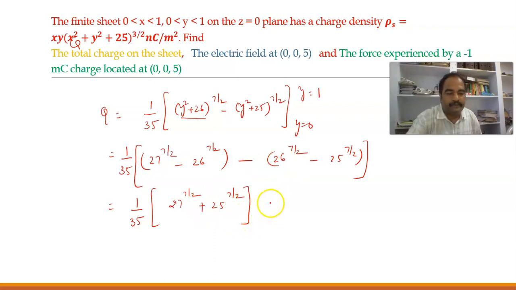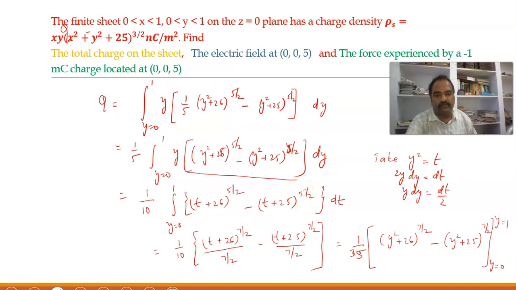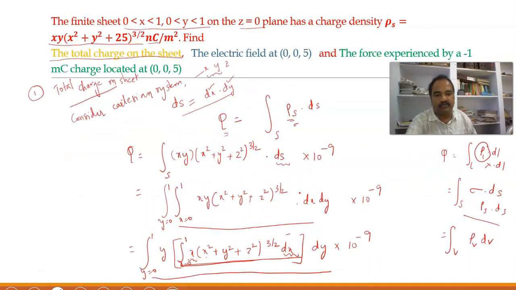This is multiplied by 10 to the power of minus 9, which I already have. I can show you in the previous slides that there was 10 to the power of minus 9 here, which I have replaced now.